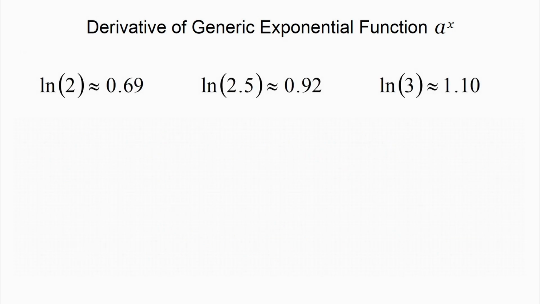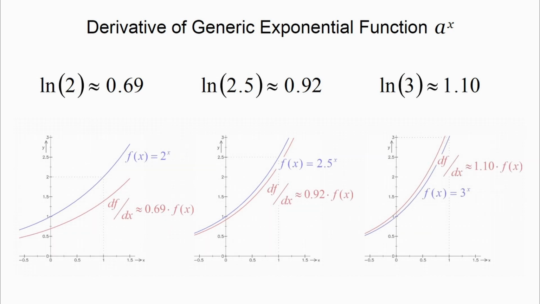A few numerical values of ln a that could be found that way. ln 2 is approximately 0.69, ln 2.5 about 0.92, and ln 3 some 1.1. These particular values were already seen before in the form of the vertical scaling factors between the trio of exponential functions and their derivatives, the definition of e was reasoned from.